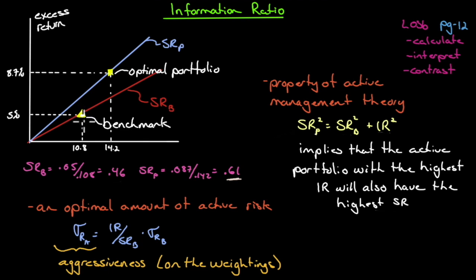As I said earlier, it could be a benchmark for a manager who is attempting to invest in nothing but biotech stocks. Well, it won't be the optimal portfolio, but it's still a valid benchmark. It'll have a lower Sharpe ratio, and here we have a 5% excess return with 10.8 on the volatility for a Sharpe ratio of 0.46. So we say, well, couldn't we beat any benchmark out there just by investing in the optimal portfolio and be done with it? We can't do any better than the optimal portfolio.